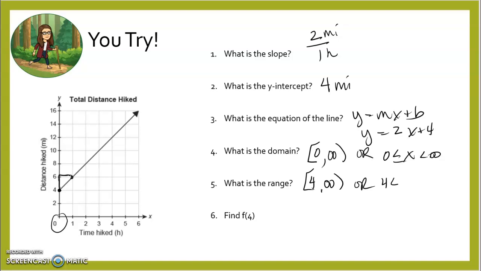Same idea. Oops, this should be a y. Did I do that everywhere? I just caught it. Hopefully you caught it before now. The range are the y values, so make sure you have a y here. All right, and then here, when x is 4, what is y? So x is 4, y is 12.